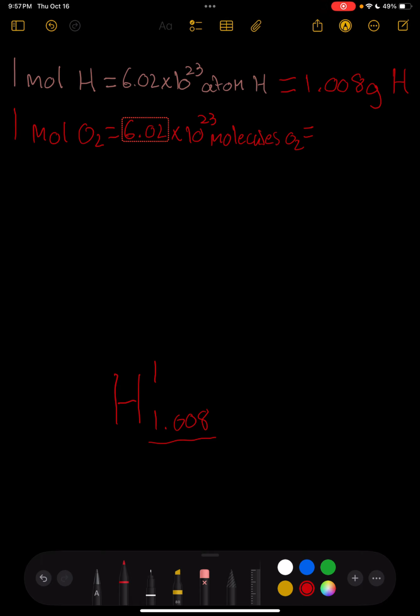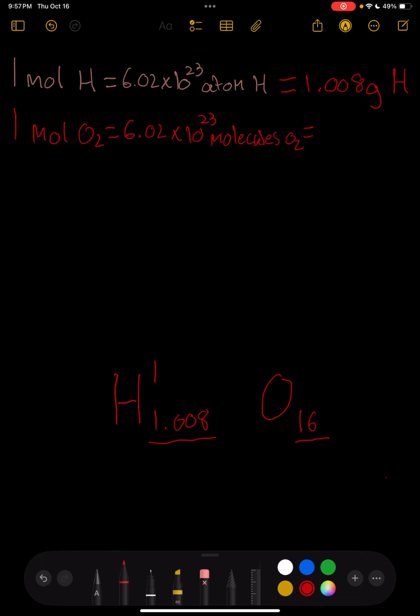But now when we are looking at oxygen, I'm just going to tell you right now, it has an atomic mass of 16. So we're going to use this number here, this 16, to find out how much 1 mole of O2 weighs.